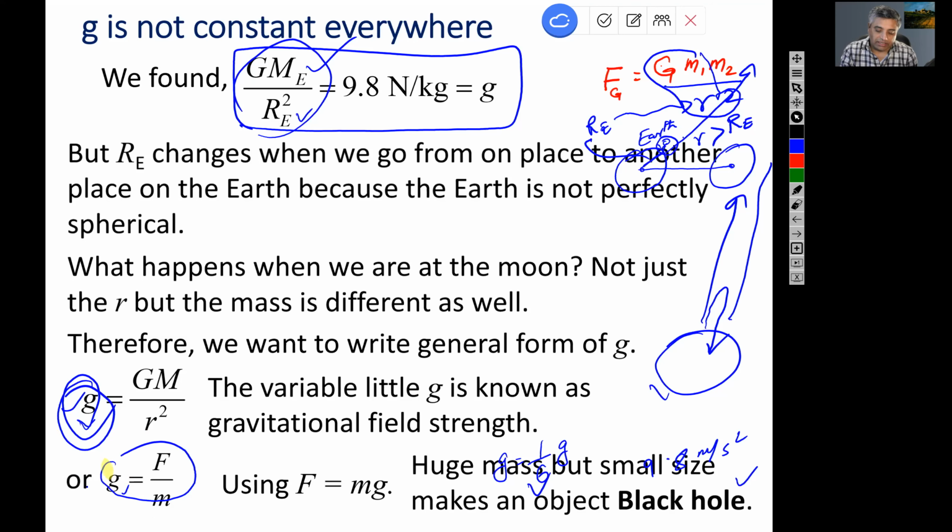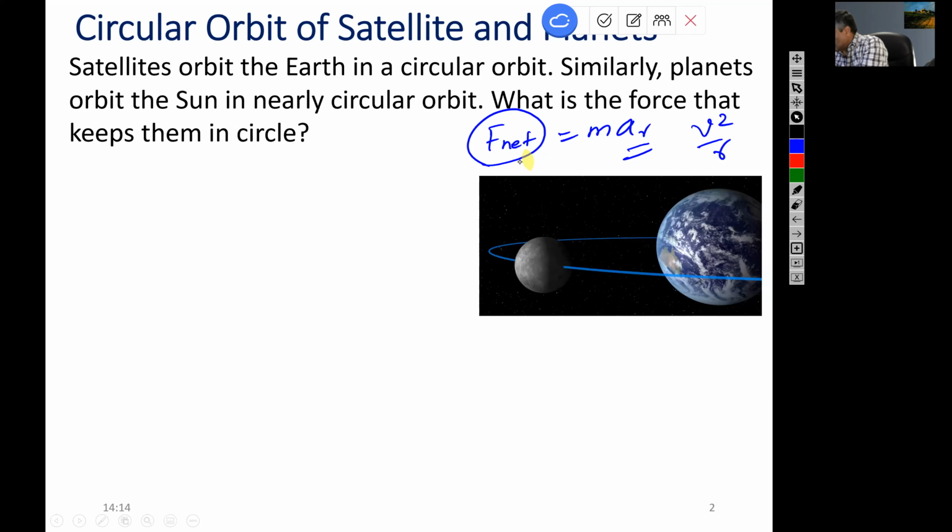How about force? Where is the force coming from? When things like this go in a circle, the force is coming from the tension. In that case, in the equation, net force comes from the tension. And we saw in some cases it can be friction, or normal force.